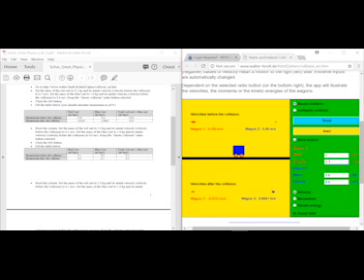I'll just read it. Set the mass of the red cart to 1 kilogram and its initial velocity to 0.1, which is correct. Set the mass of the blue cart to 1 kilogram and its initial velocity to 0. So we're just increasing the mass of the red cart for the second portion. Let's start and see what happens.